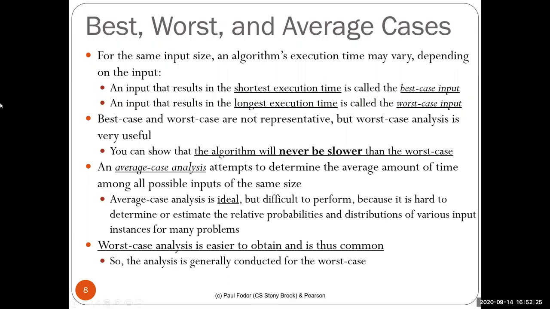However, neither best case nor worst case is representative. So what we would like is something like an average case, but average case analysis is very difficult. In fact, we will do such an analysis two classes from now, when we talk about sorting, in which the average case complexity is n log n, but the worst case complexity is actually n squared.